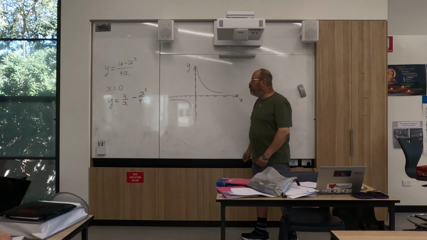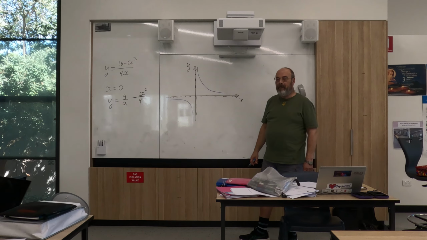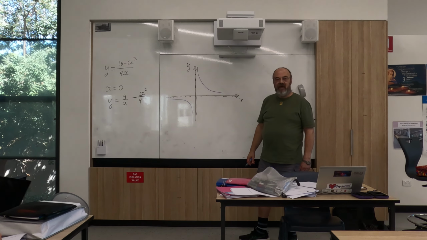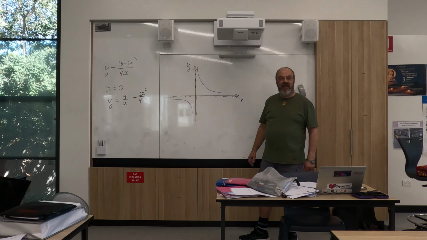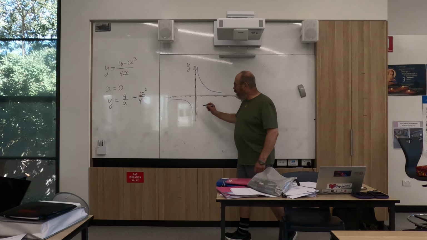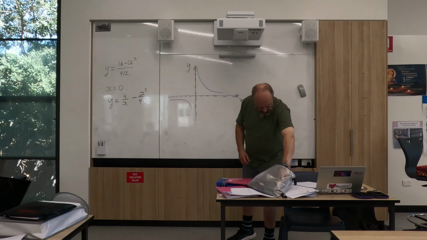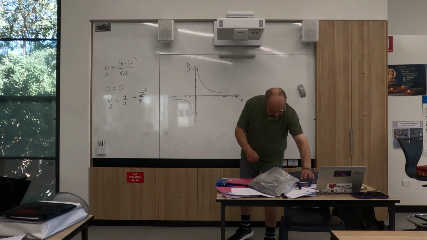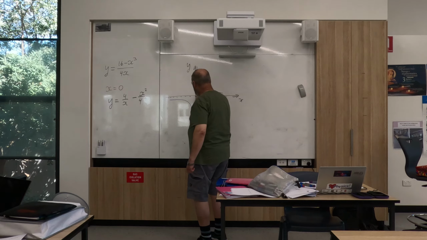And now, how does the minus x squared on 4 look? It is a negative x squared, so we have a parabola upside down, which will look like this.